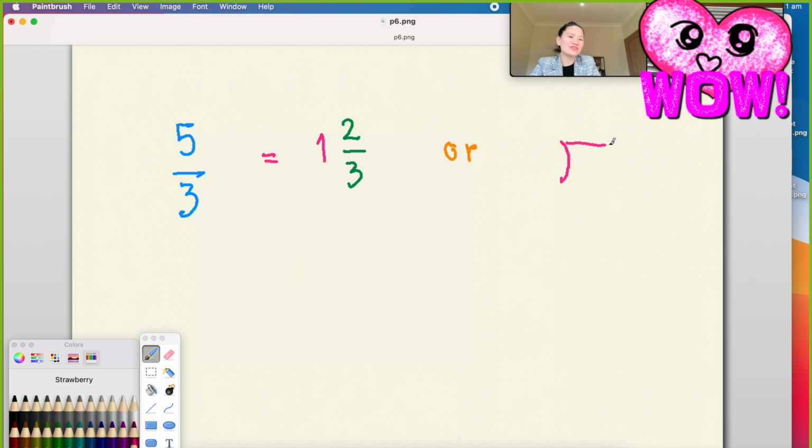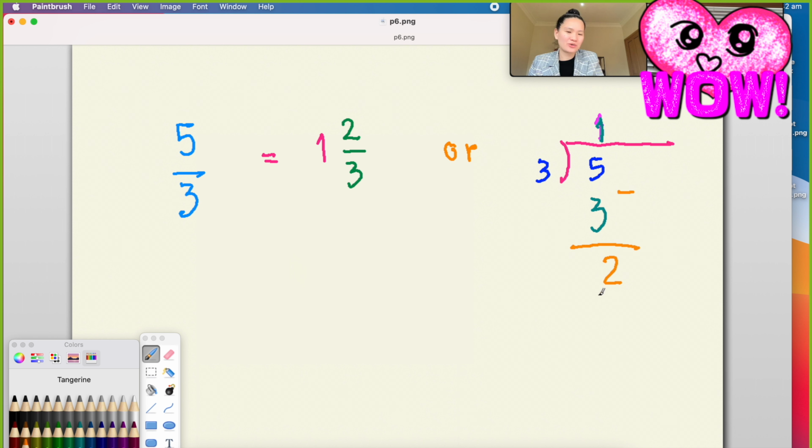If I would like to use the long division, I put 5 inside, divided by 3. 5 divided by 3 is 1. 1 times 3 is 3, and then when you subtract them, you get the remainder. So the quotient is 1, you write down 1 here.